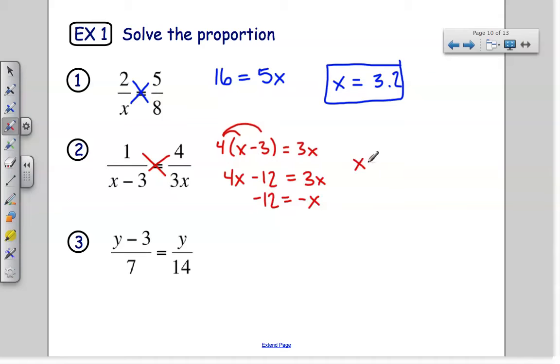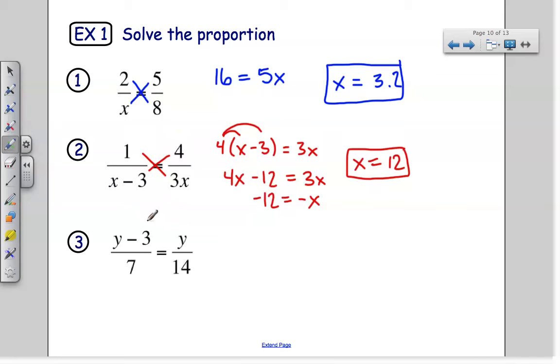Then really what I'm doing here is dividing by negative 1, which is technically in front of that x. Dividing by negative 1, x equals 12, because my negative 12 divided by negative 1 turns to positive 12. Looks like that's fine in the denominators, and we're all good there.